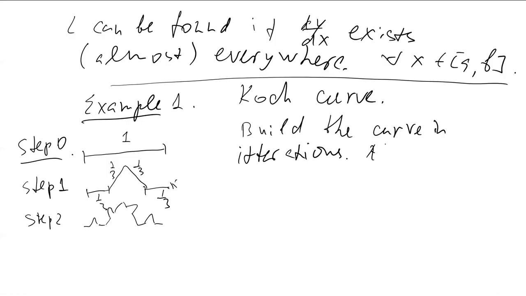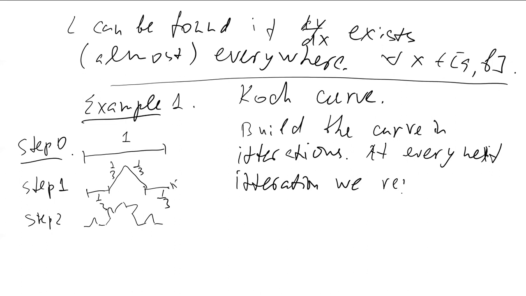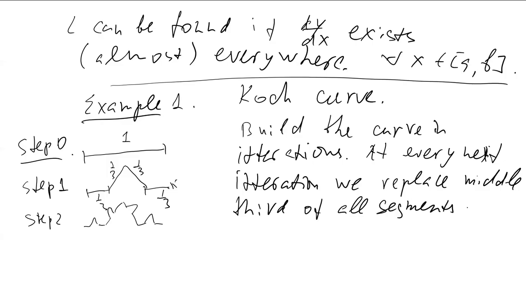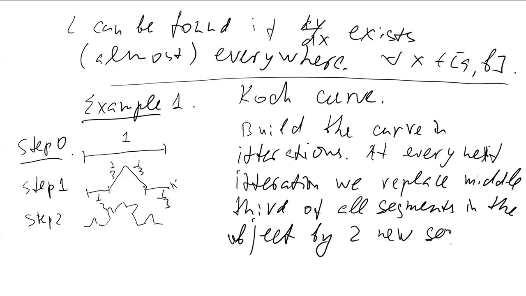And at every next iteration, we replace the middle third of all segments in the object by 2 new segments of the size of the removed part.